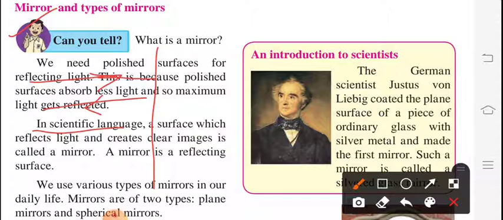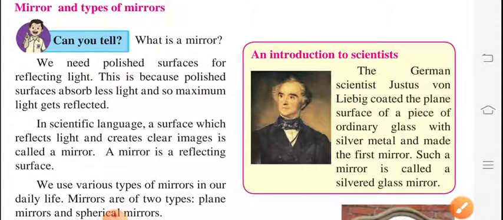So this comes in reflection. And what about refraction? The rays which fall on the object and pass through the object. That comes in refraction. This is another part which we are going to discuss in the next standard. So here we have to discuss reflection.